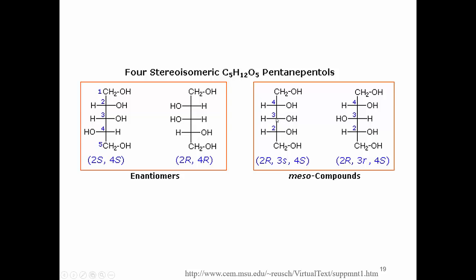If we have a branch, in this case the branch where the 2 is versus the branch where the 4 is, and they have different stereochemistry, R gets priority over S. In this case, we have the 2 position, which is R, and the 4th position, which is S. This would get priority over that.